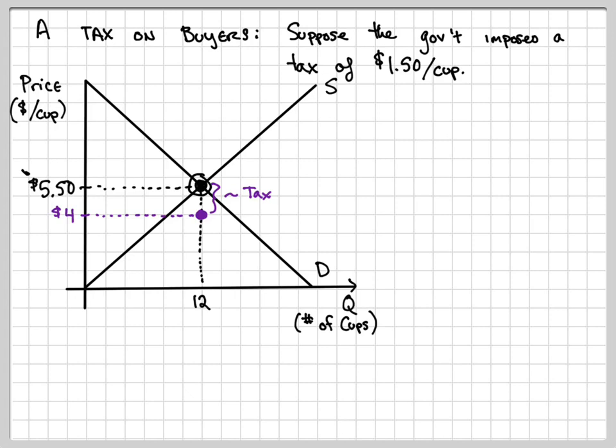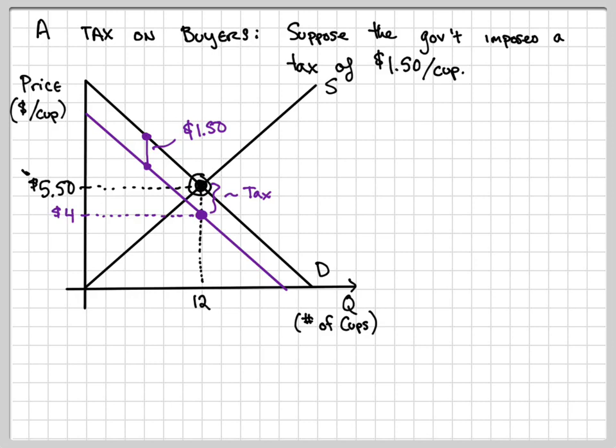In order to buy the same quantity as before, the price has to drop $1.50 across the board. And so the new demand curve that we get as a result of the tax is a leftward shifted demand curve like this. And the gap between these two curves is exactly the value of the tax.